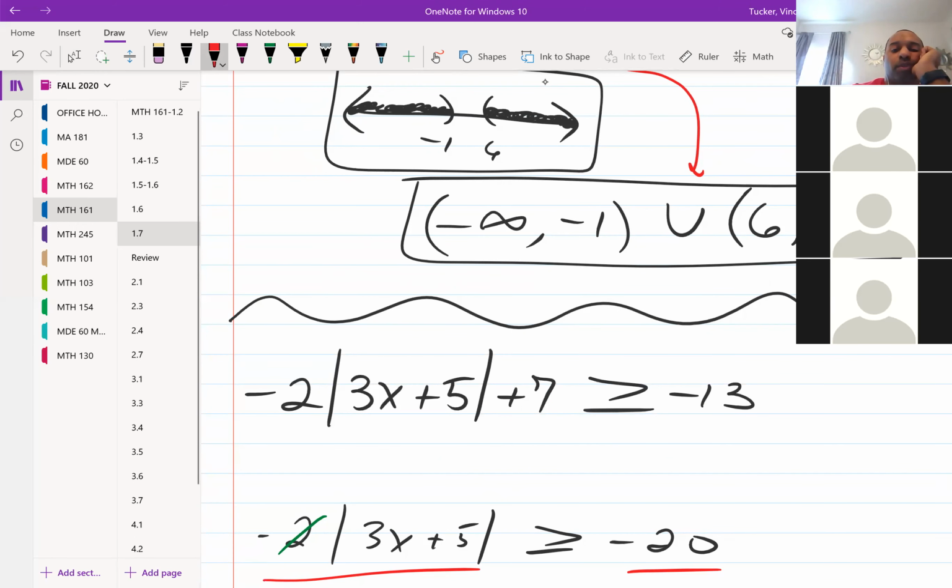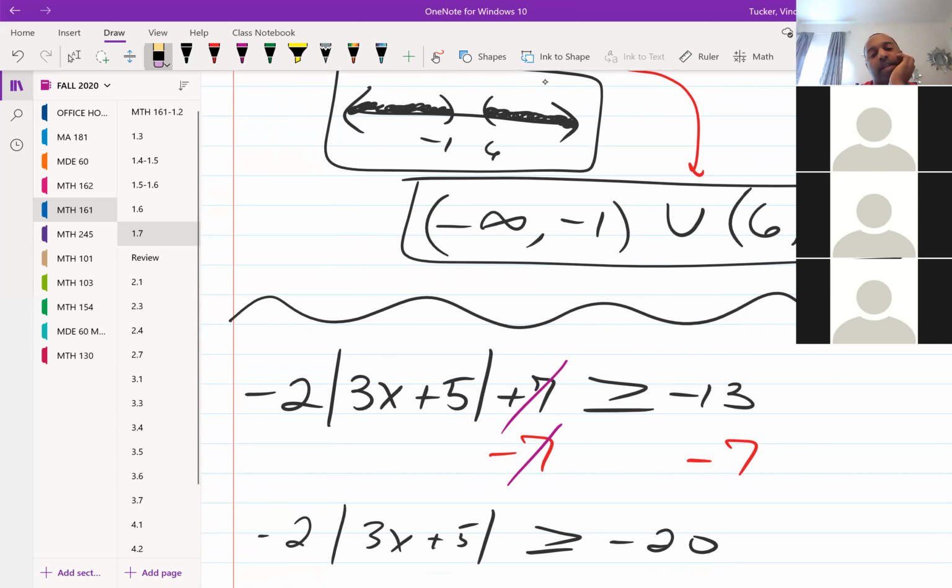So the first thing we'll do is subtract 7 from both sides. 7's cancel. And that'll leave us with negative 2 times the absolute value of 3x plus 5 greater than or equal to negative 20. So don't forget the symbol doesn't change when you subtract 7 from both sides.